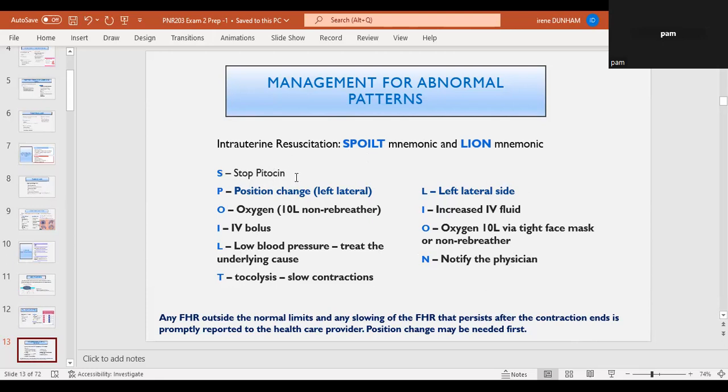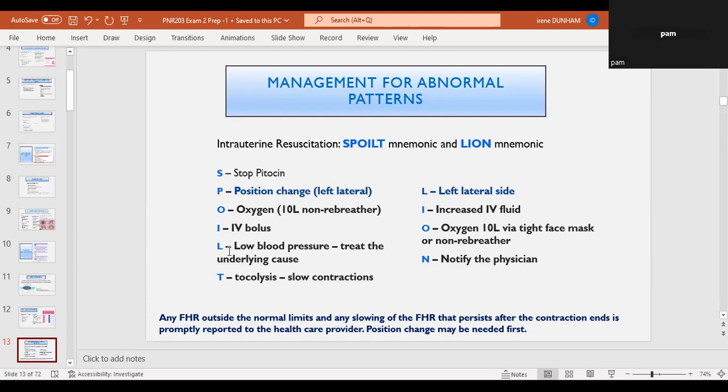So you have to stop the Pit because I want to stop the contractions, because the baby is not tolerating the contractions. I don't want to take a healthy baby and make a sick baby. So I'm going to stop the Pitocin. The position is preferably, again, left lateral. Oxygen, like we said. IV bolus. You have an IV, so I'm going to give her a little bolus of IV.